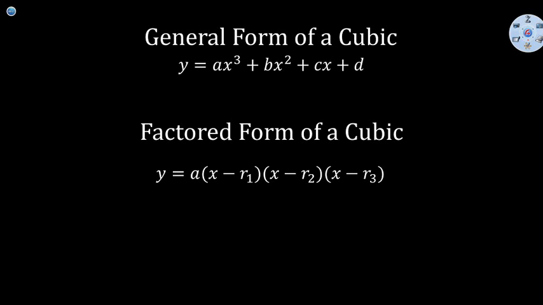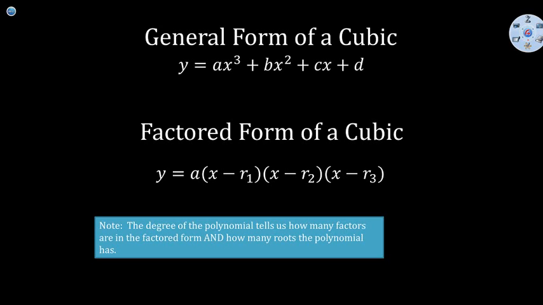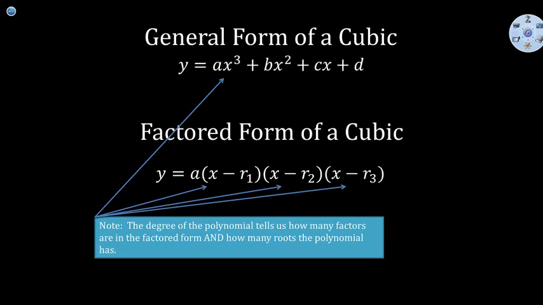A few really important notes here. The degree of a polynomial tells us how many factors are in the factored form and how many roots the polynomial has. So the degree of the polynomial tells you how many factors are in factored form, and thereby tells us how many roots the cubic has.